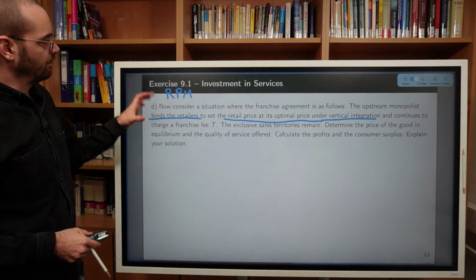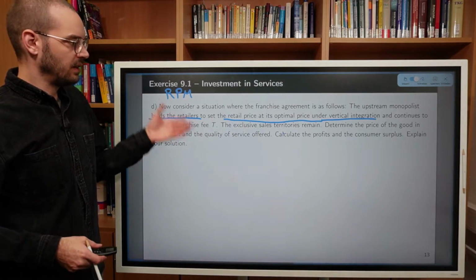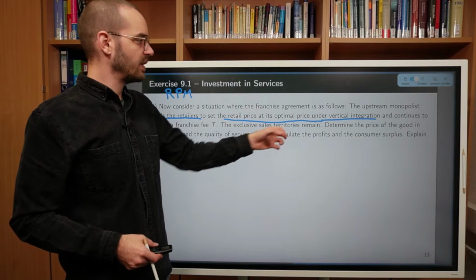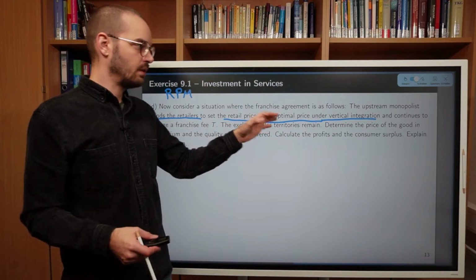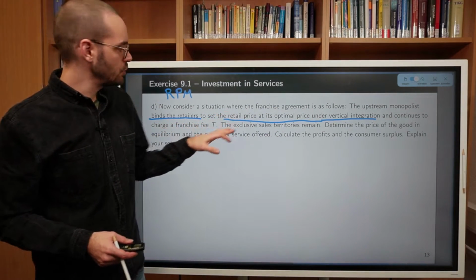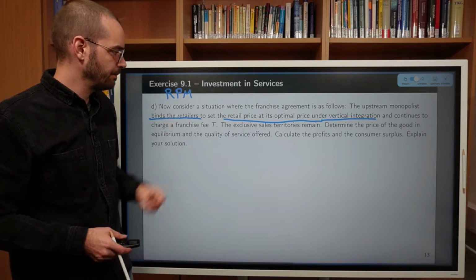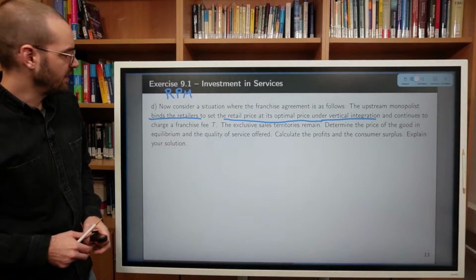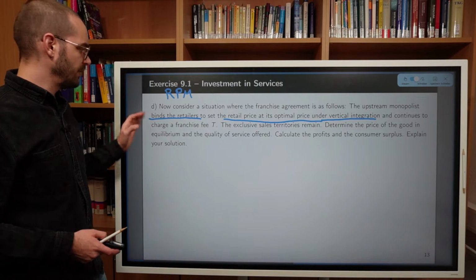All right, so the producer is binding the retailers to some price they choose. In particular, it's not any price, but it's the profit maximizing price we saw under vertical integration. And then we are going to assume that there is, in addition, a franchise fee T. There's still exclusive sales territories, and then we are going to analyze, based on this, what the equilibrium will be.